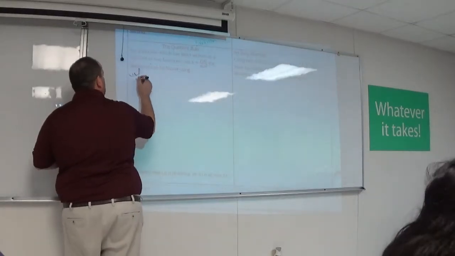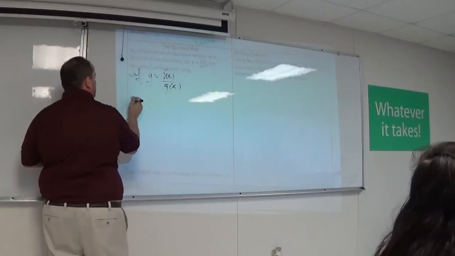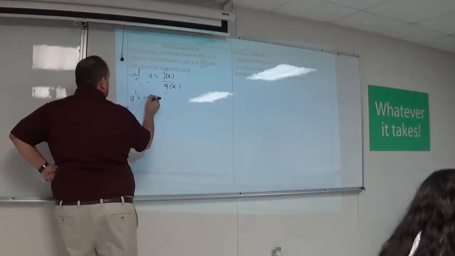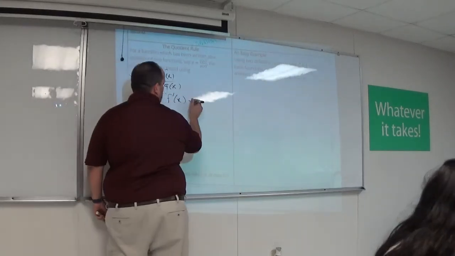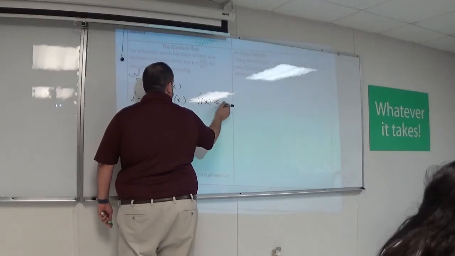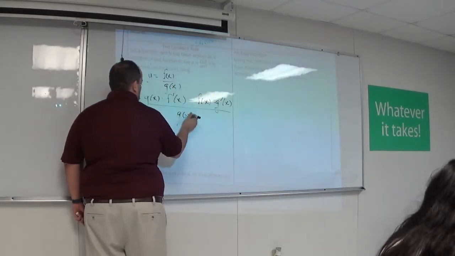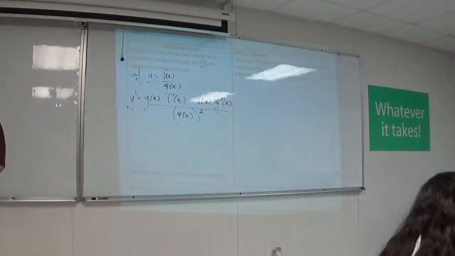So if y equals f of x divided by g of x, here comes the quotient rule. It's g of x times f prime minus f of x times g prime all over g of x squared.